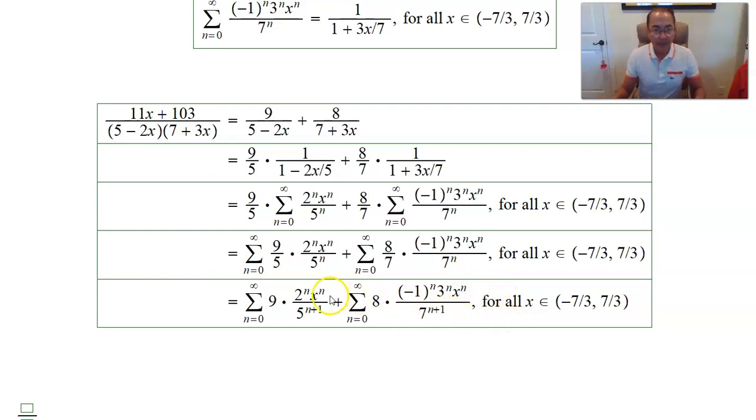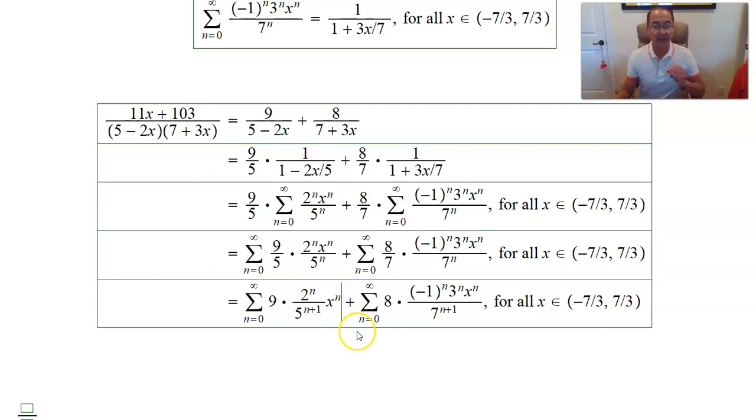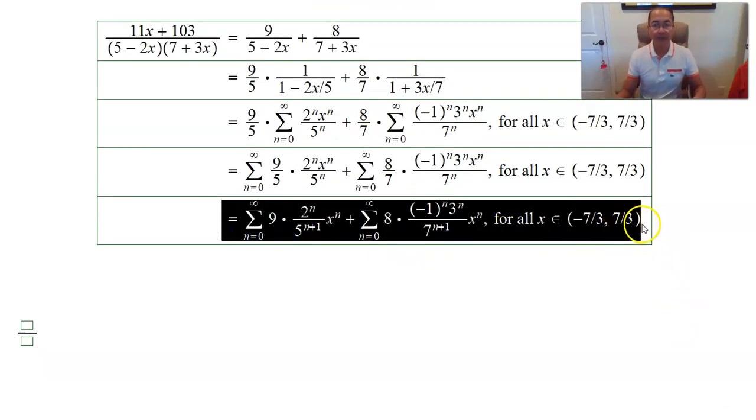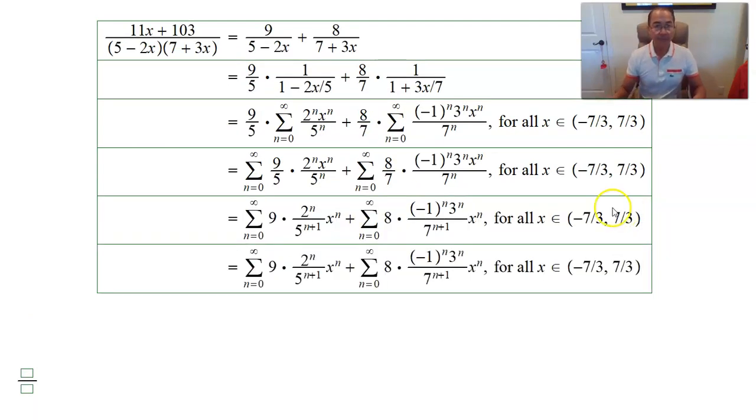Okay, and to prepare ourselves to combine these two series into one single series, we're not done until it's just one summation. Let's put the x to the n to the right, because this whole thing is one coefficient, c sub n. This whole thing is another coefficient, d sub n. So copy one more time, and we will have a single summation.